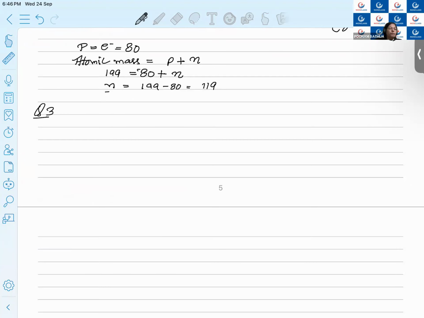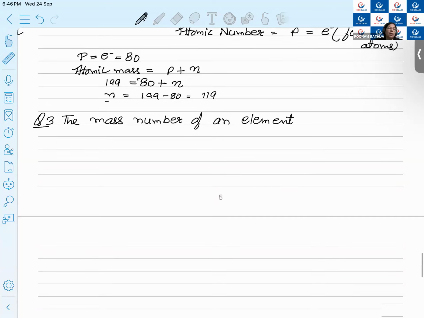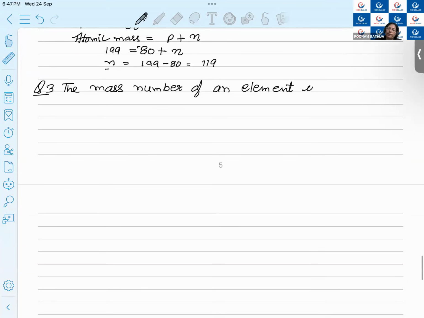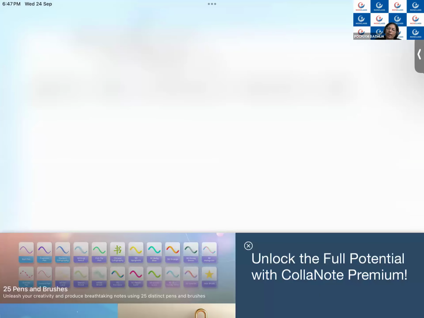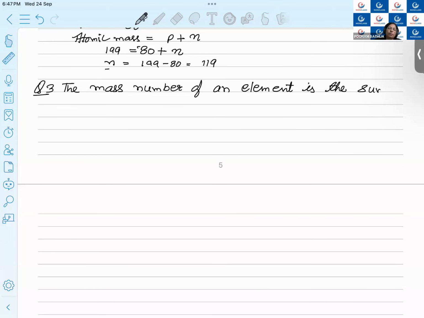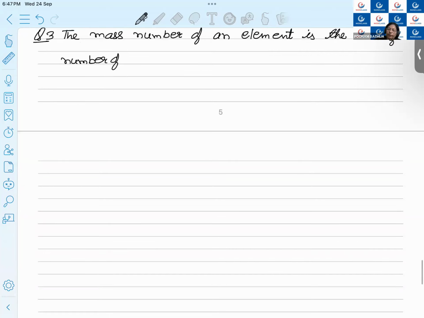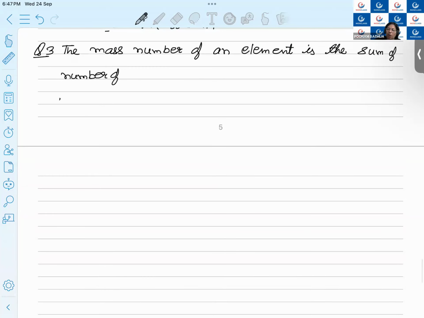Question number 3. The mass number of an element is the sum of number of, now what are the options?